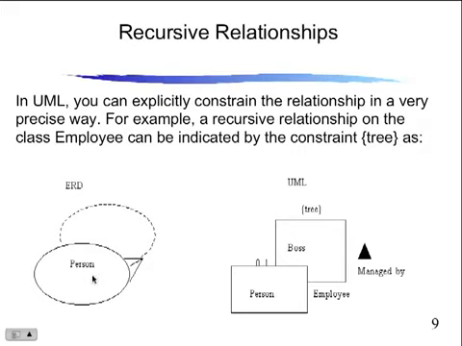This could be staff and managers, or employees and managers or whatever. So in UML, you can explicitly constrain the relationship very precisely. So we have a recursive relationship on the class employee, and employee can be indicated by essentially the two different roles here.